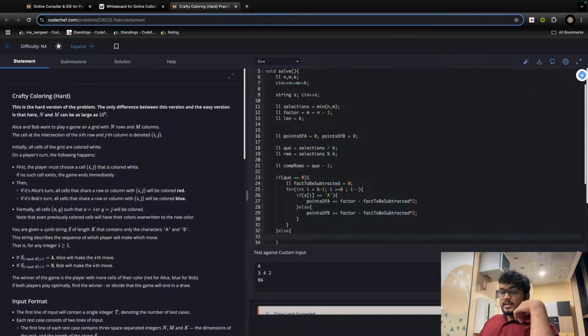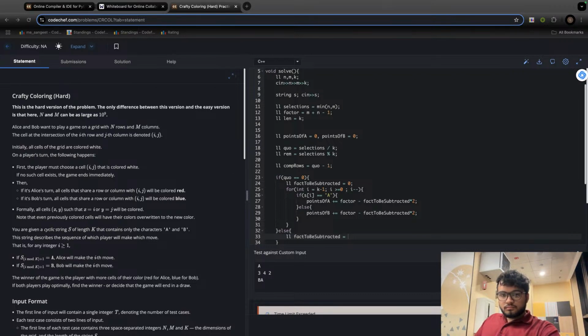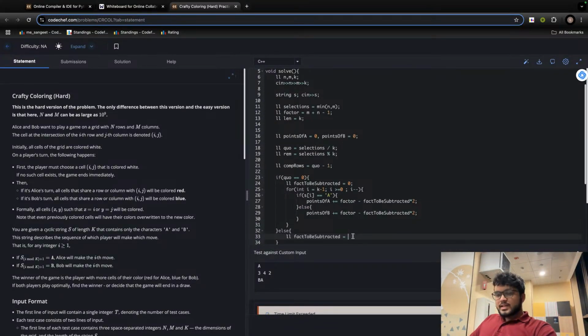Now let's come to the else part. Here we can easily initialize this factor to be subtracted to some value. What will be that value?